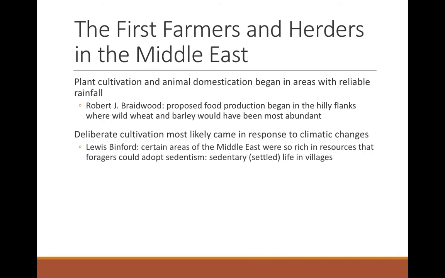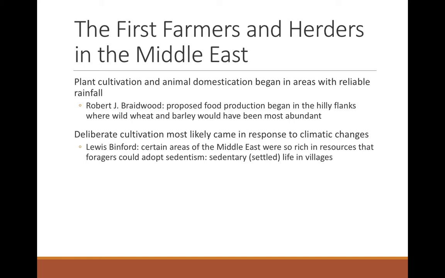And so there are two points to bring up with respect to the origins of plant cultivation. One is that the first stab at it, the beginnings of plant and animal domestication, occur in areas that have reliable rainfall. You're not going to start farming in the desert, for example. Why not? Well, the desert doesn't offer us a consistent and seasonally predictable pattern of rainfall.